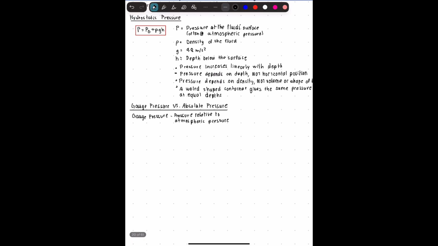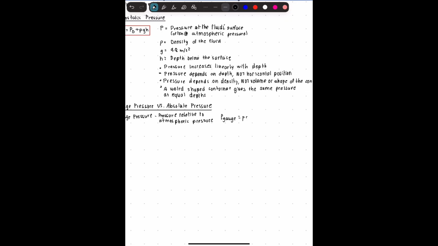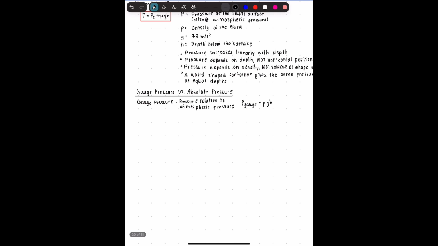And the formula for this is P gauge is equal to ρgh. Now, absolute pressure is simply P absolute is equal to P atm plus ρgh.